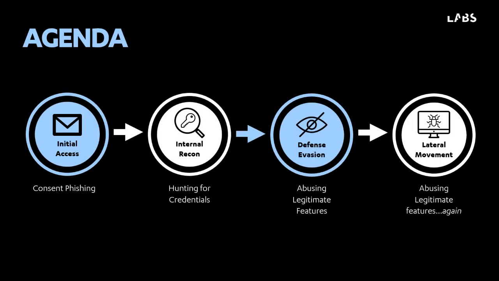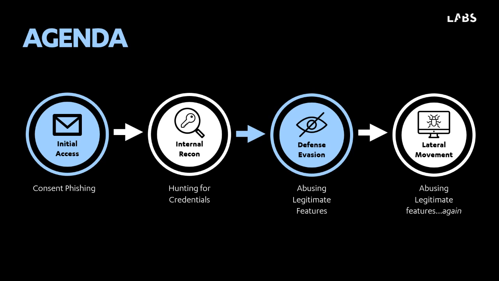So we've put together an attack that has 4 stages, starting off with consent phishing, which is a type of phishing attack that allows a malicious app to impersonate a user. Then we've got internal reconnaissance, where we'll be using a low privilege account that we discover to further discover additional hard-coded credentials in an application that will give us privileged access into our environment.